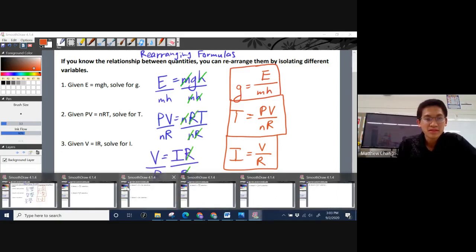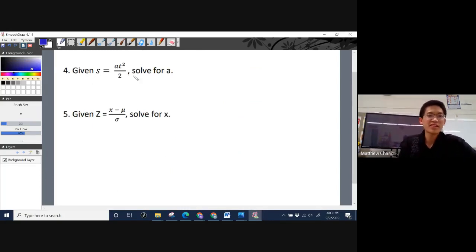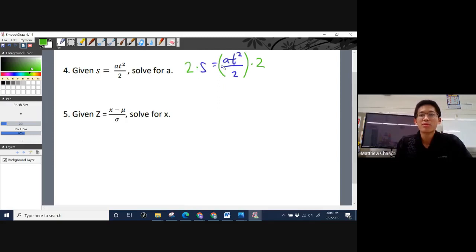Next example. Given s equals a times t squared divided by 2, we want to solve for a. Honestly, I don't remember what this formula is, but we want to isolate a. First, we can get rid of the 2 by multiplying both sides by 2, which cancels the 2's in the numerator and denominator.